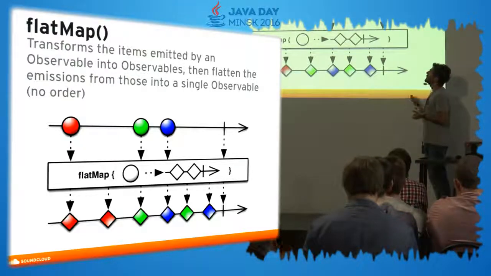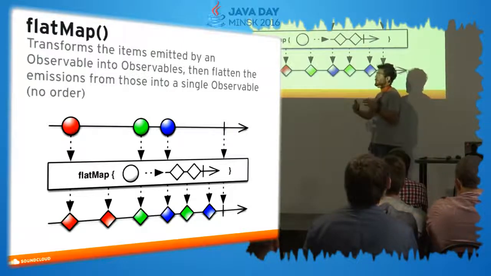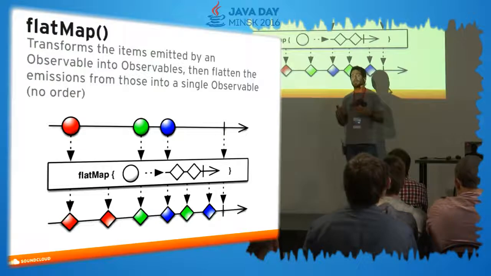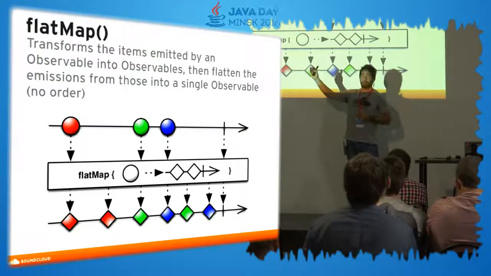We have our stream of data, our observable emitting items, and it's going to apply the function. But the difference between map and flat map is that the result is going to be flattened into another observable. Thus, we can continue composing and transforming data between our original observable and our client.